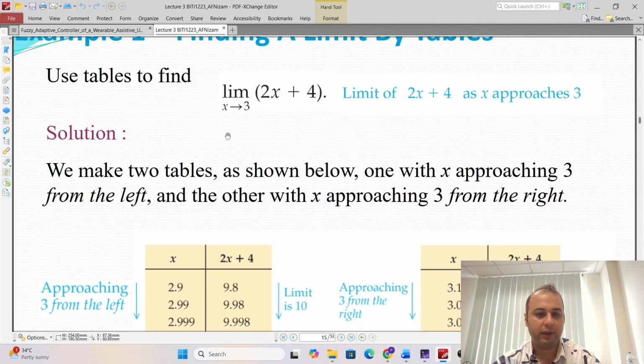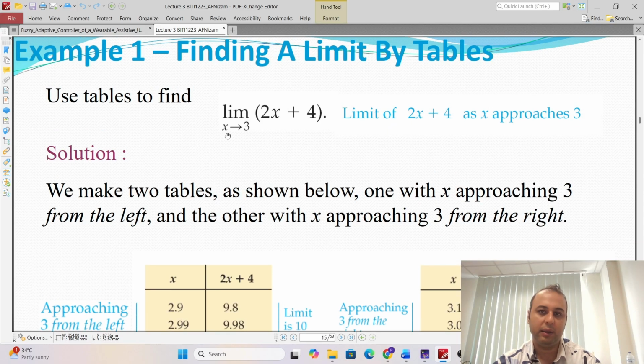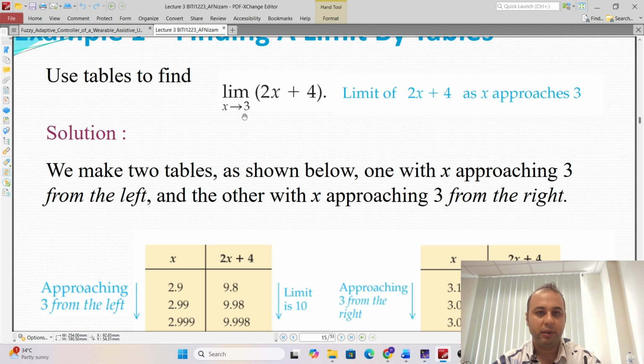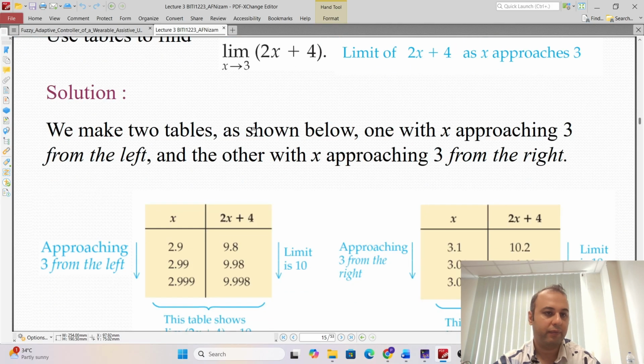This is one example of finding a limit by a table. We have the function 2x plus 4, and x approaches 3.